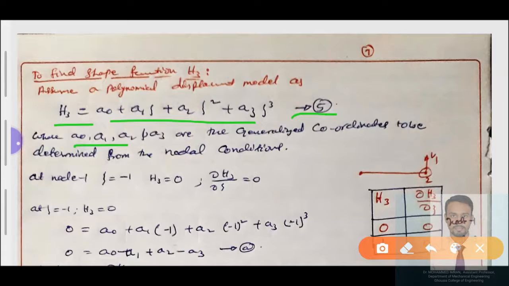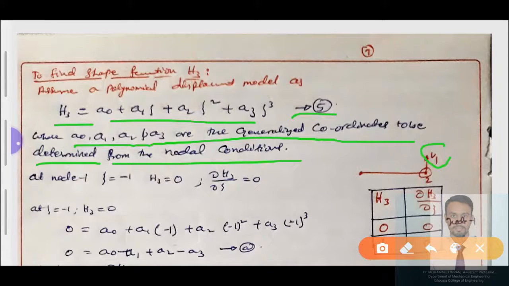The unknown parameters we know well now. This is the third shape function we are deriving. a0, a1, a2, a3 are the generalized coordinates to be determined from the nodal conditions. We have here the transverse displacement at node number 2, v2. What is the Hermite shape function we need to find?